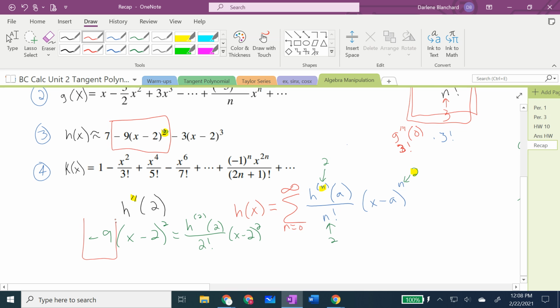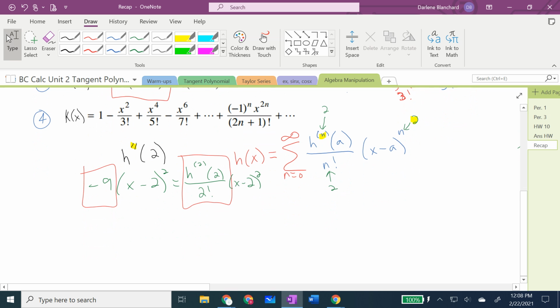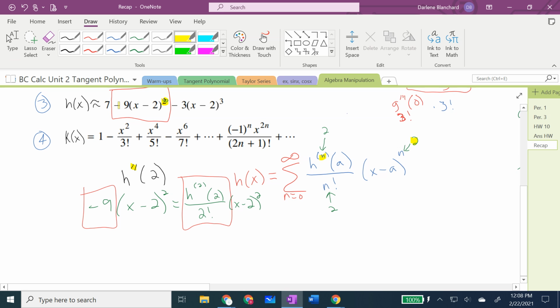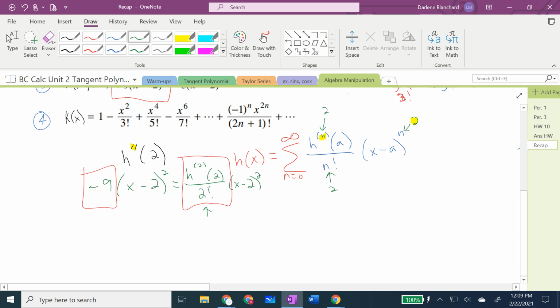And then if I focus on the coefficient, what you want to be able to eventually do is quickly turn to this coefficient formula. You want to grab the coefficient that you see, including the negative sign if there's a negative sign with it, and set it equal to this formula. Then all you have to do is multiply by 2 factorial. And you've got your second derivative at the center.